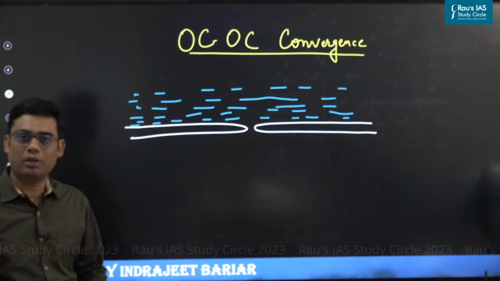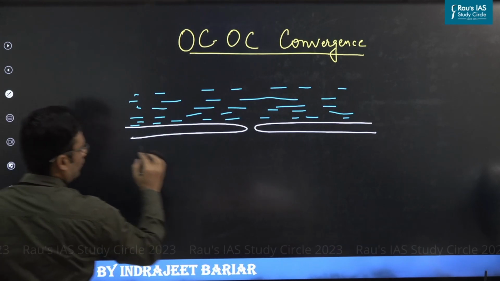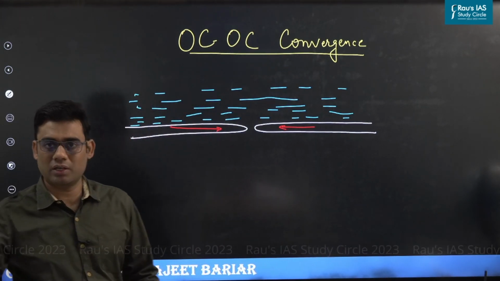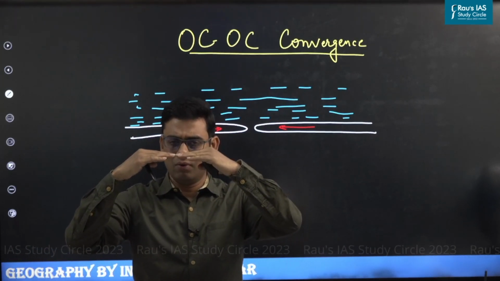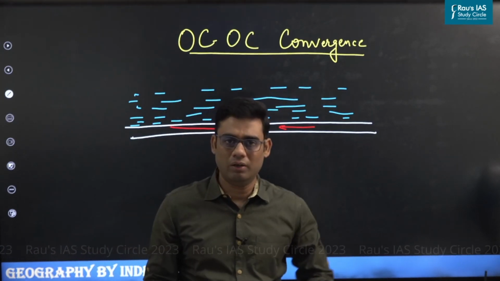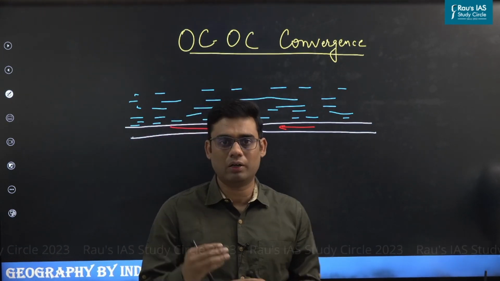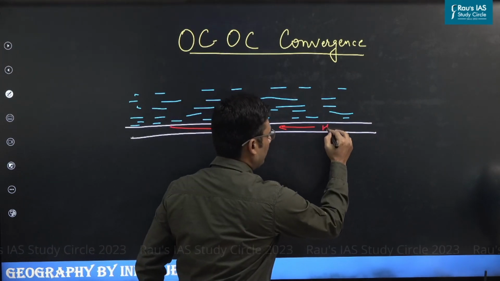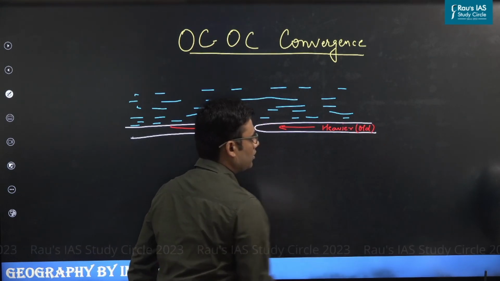Now as the oceanic crusts converge, whichever oceanic crust is heavier, and heavier here is determined by the age of the rocks, the older crust, would be considered heavier. Let's say this one is heavier, which means this one is the old crust.